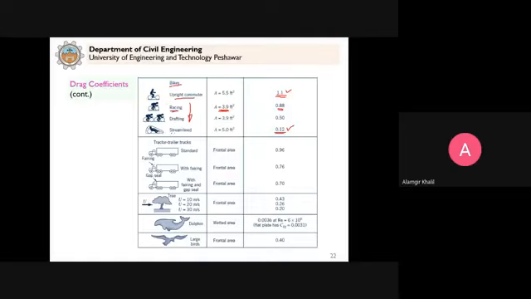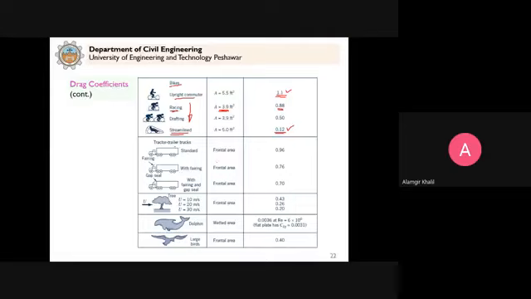If we are streamlining the bodies, then we are able to reduce the drag coefficient, meaning we are able to reduce the drag force. And when the drag force is reduced, the body or object will move faster. So when it moves faster, it will be fuel efficient, clear? Because it will cover more distance.